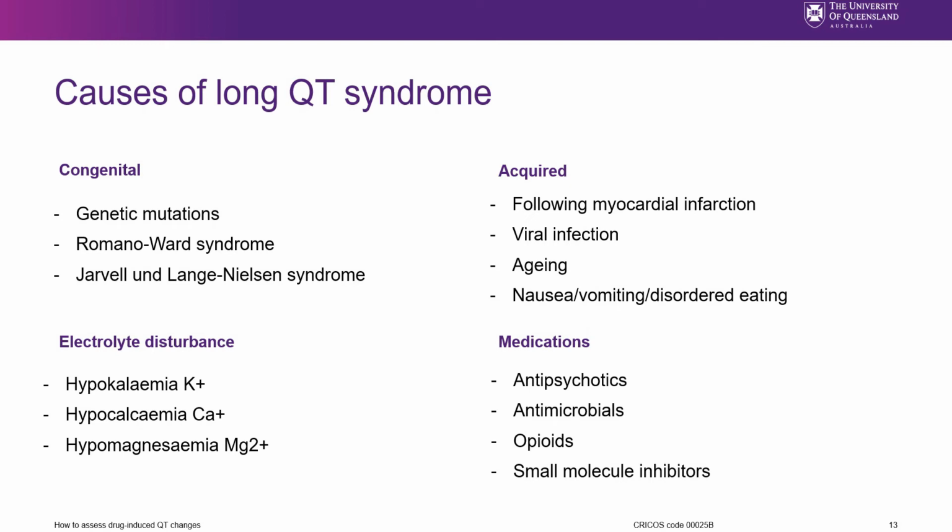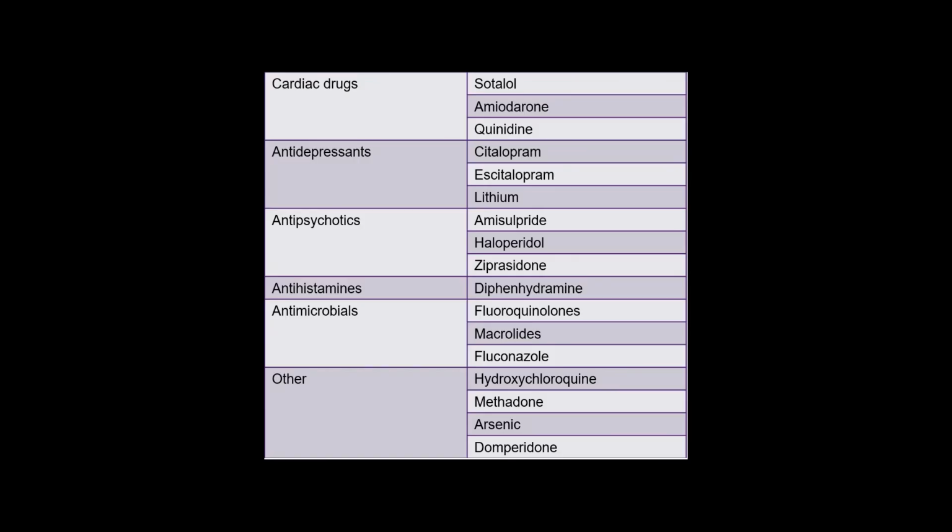Electrolyte disturbances can have a direct impact on the function of ion channels, and medications may also disrupt the function of these ion channels, most commonly the potassium ion channel. And as you may know, there are many drugs which come with a warning of QT prolongation, and misuse or overdose of these medications may increase the risk.